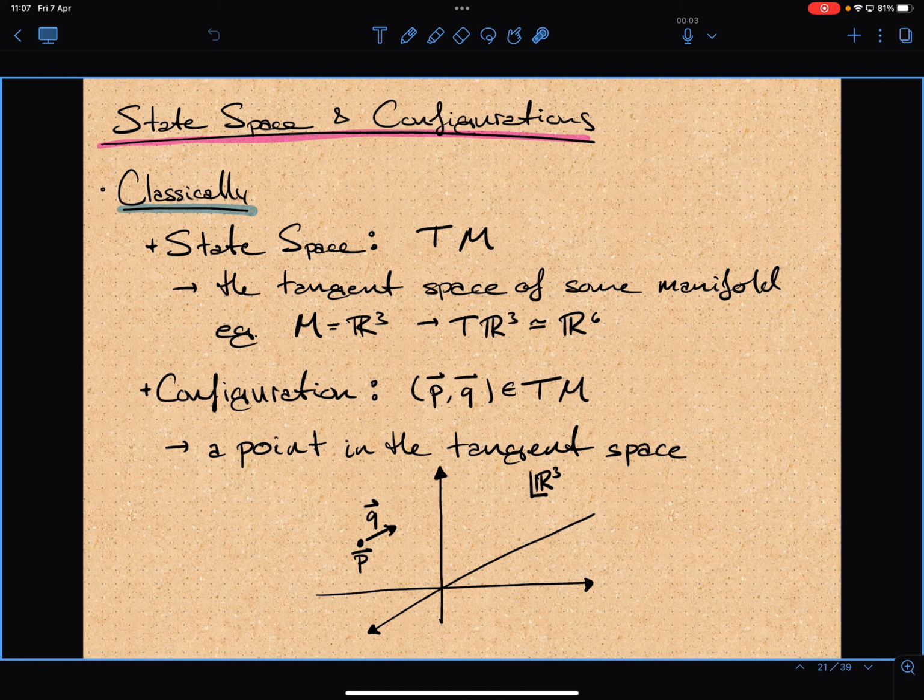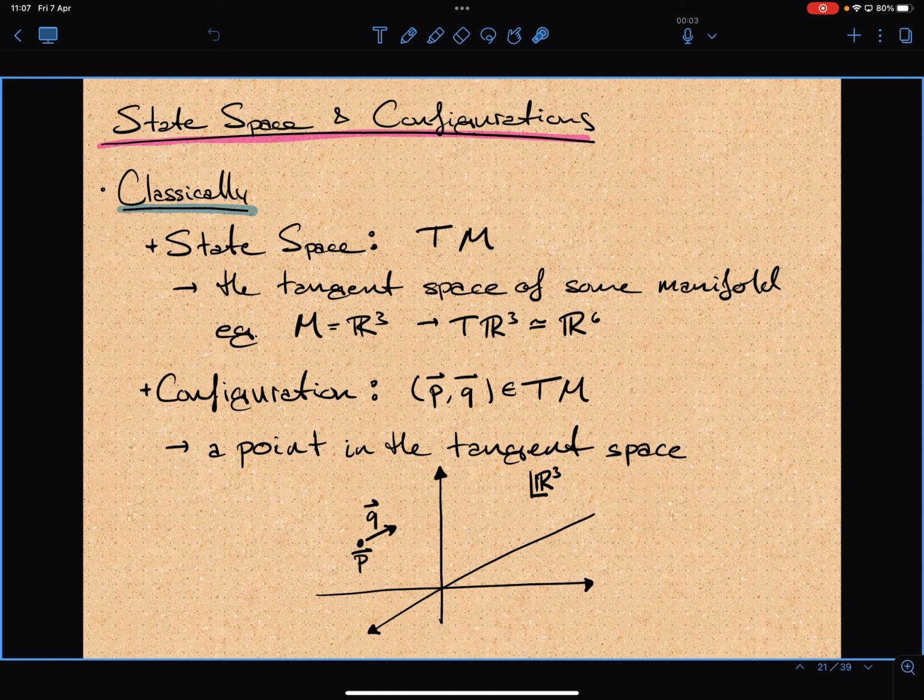And to figure out the evolution of the system, you need the configuration of the system, which takes 2 pieces of information, the position and the velocity. This is denoted here by P as the position and Q as the velocity. So it's a point in space and an initial velocity.